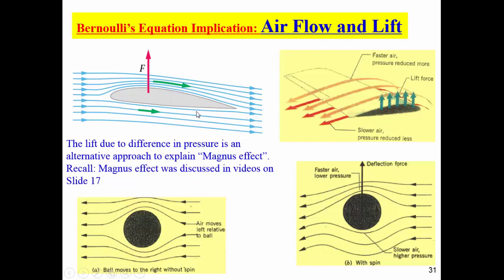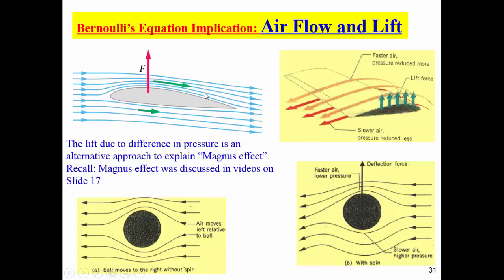Remember, velocity is distance over time, so here the time is the same. The time taken for an air element to go from this point to this point is the same as the time taken for the same volume of the air element to go from this point to this point. But the distance is bigger above the wing. This will constitute bigger velocity.